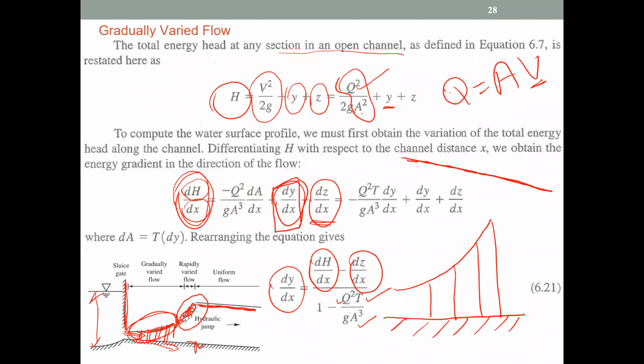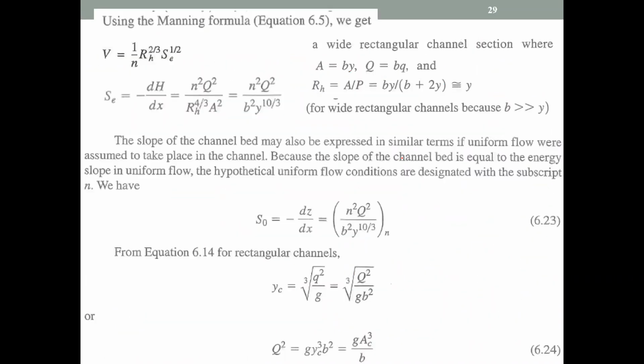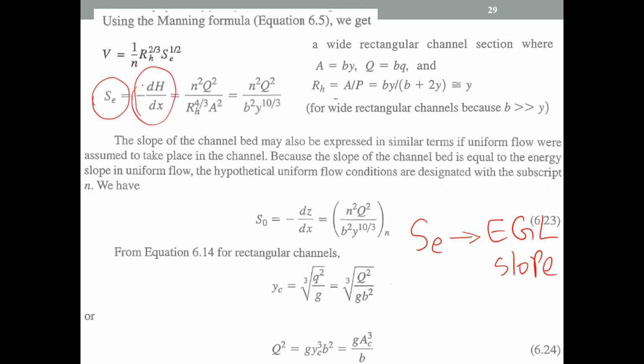So earlier we defined the slope of the energy grade line, and we say that it is equal to SE. SE is the EGL slope, right? So that is equal to minus dH over dx, and we have a negative sign here because it is decreasing because of the head loss.